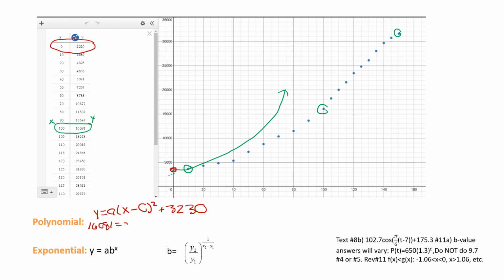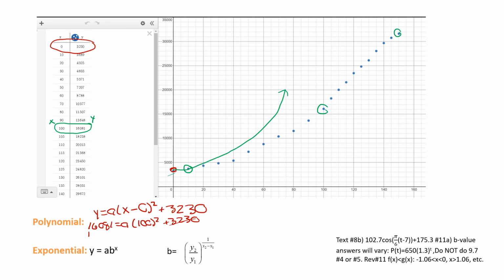We get 16,081 equals a x squared, whoops, not x. Our x is 100 squared plus 3,230. First thing you're going to do is subtract 3,230 from both sides to bring it over.